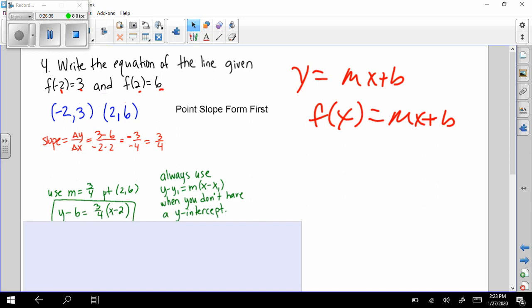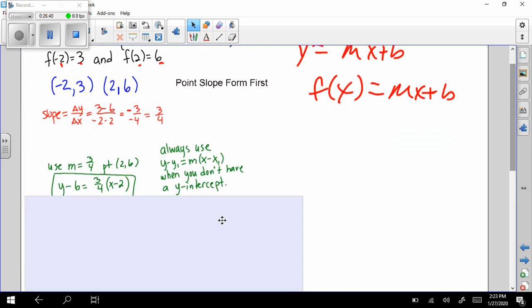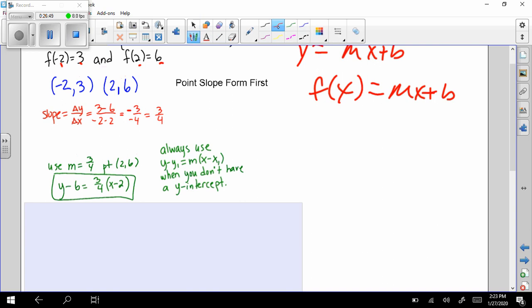Okay? So you can always use point slope form when you don't have a y-intercept. I'm going to plug, and it does not matter. Let me say that again. It does not matter whether you use 2, 6 or negative 2, 3. I use my slope of 3/4. This time we use the point 2, 6. I plug it in there.